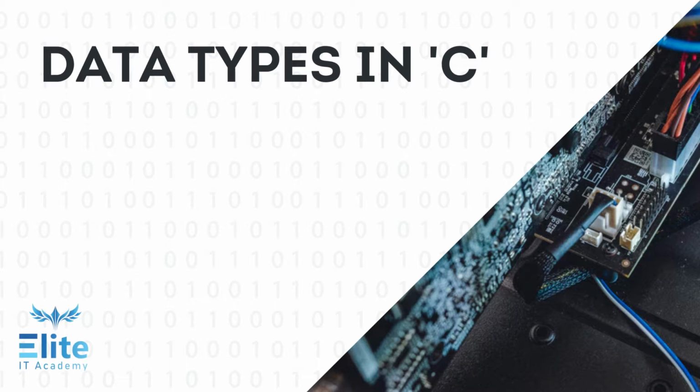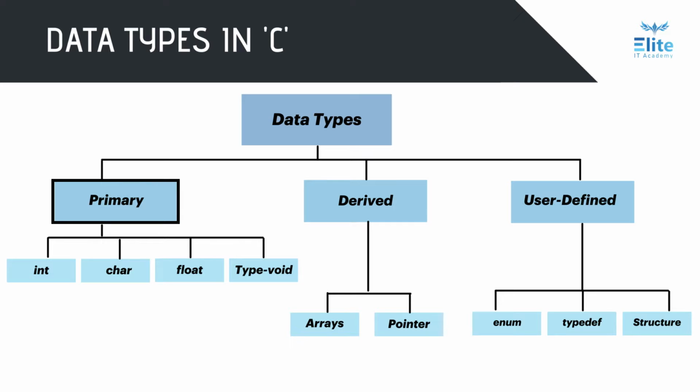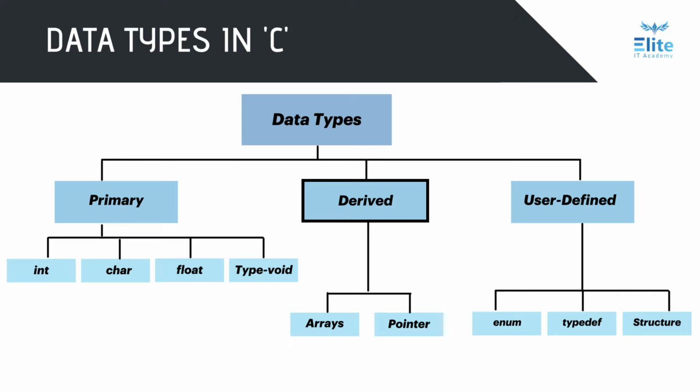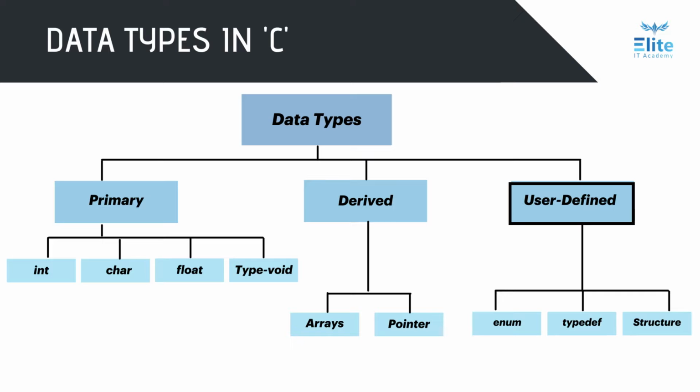As we have seen before, the C language has three different kinds of data types. They are the basic data types or primary data types that store characters and numeric values, derived data types like arrays, strings, and pointers, and finally, user-defined data types like structures, enums, and typedefs.